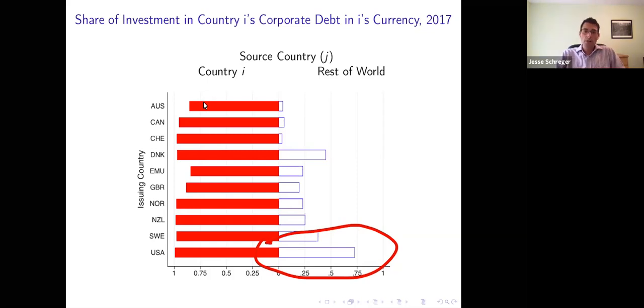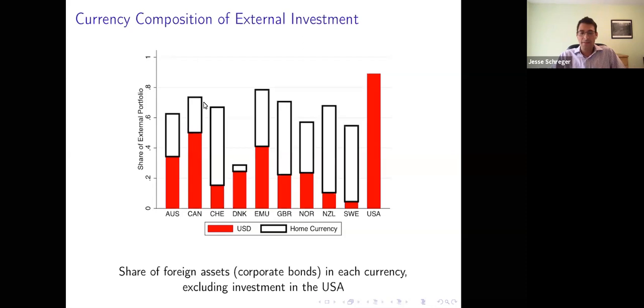You can also flip this and look at when investors buy securities abroad, outside of their country, how much of what they buy is in, say, the dollar or their home currency. If you look at the Canada bar, when Canada invests abroad, nearly 50% of what it buys is in US dollars, and another 25% is in Canadian dollars.